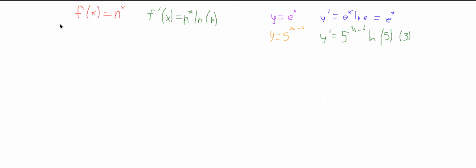Now we're going to talk about implicit differentiation here. So we know how to differentiate with respect to one variable, and differentiate is another way of saying finding the derivative. On the other hand, we need to find the derivative of expressions with two variables.